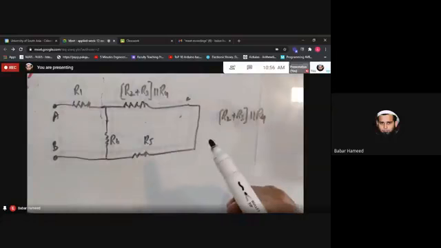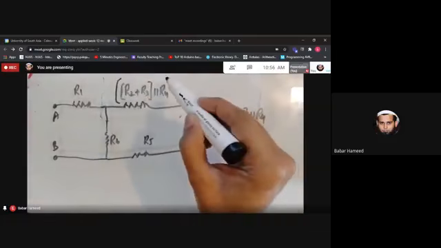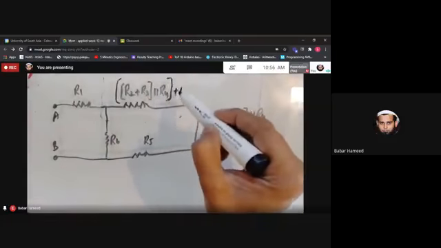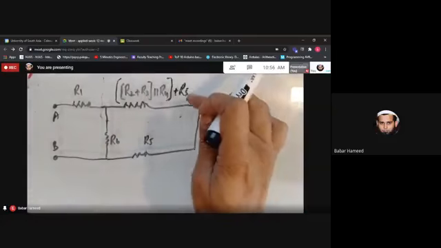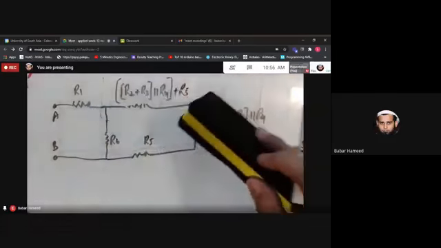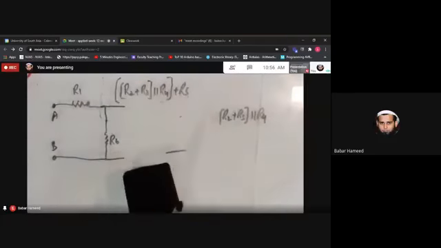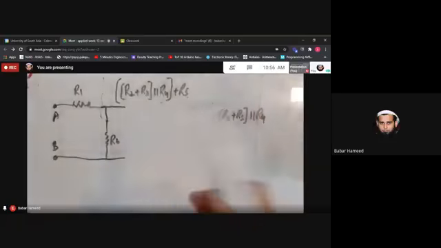The whole stuff will be added with R5, and it will be shown by one resistance.